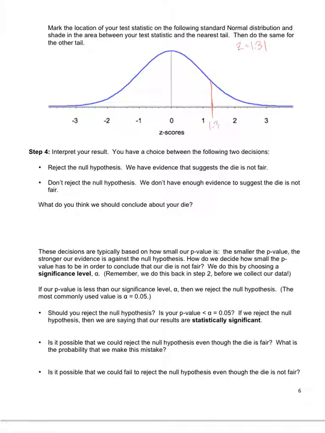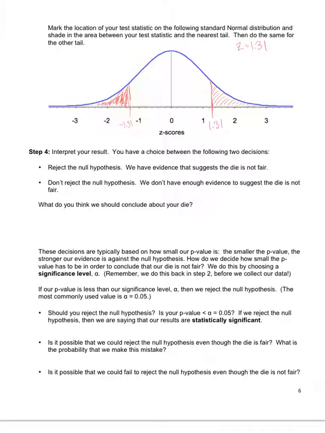So here's 1.31, and p-hats that are greater than that or more extreme would be above it. But we also want to mark negative 1.31. Remember, small proportions of 6s would also support the alternative hypothesis. So any p-hat down here would also be as extreme as the one we got, or more extreme.